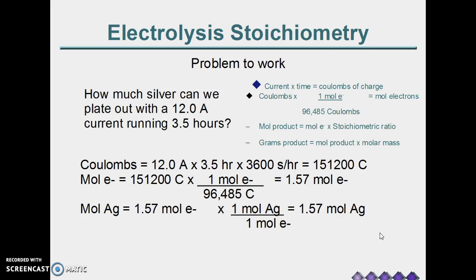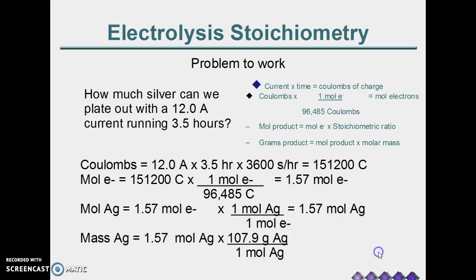We then take the 1.57 moles of electrons, and we know that 1 mole of silver is going to need 1 mole of electrons, so that ratio is 1 to 1. And finally, the mass of silver is 1.57 moles times the 107.9 grams per mole. 169 grams of silver is produced. And that's a reasonable answer for the 12 amp current at 3.5 hours.